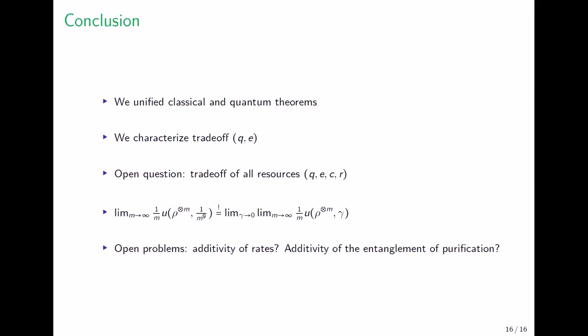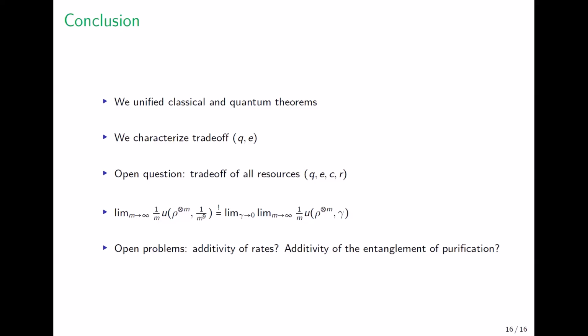And it could be that when we want to simulate a channel with different inputs, we get all different cases that these two theorems didn't cover. So two resources that we consider were quantum communication and free entanglement between the encoder and the decoder.